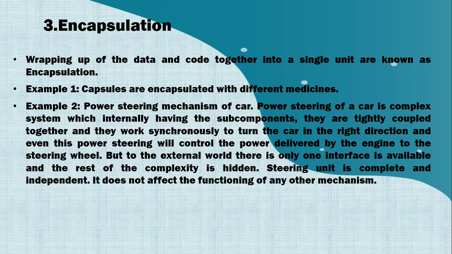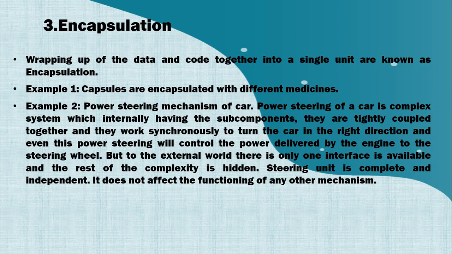Second example is the power steering mechanism of a car. It is considered a complex system which internally has many subcomponents. They are tightly coupled together and work synchronously to turn the car in the right direction. Even this power steering controls the power delivered by the engine to the steering wheel.